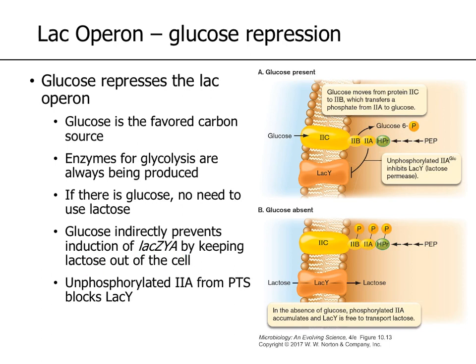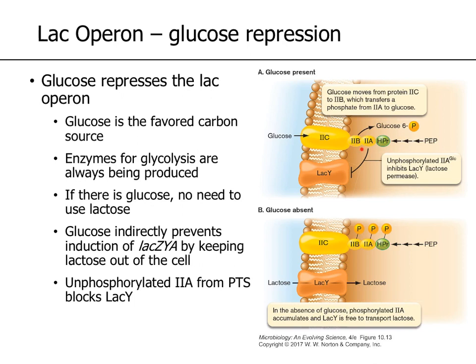So this will go back to the PTS system that we talked about before. And if you remember the PTS system, that's how glucose comes in. And it's one of those things that transfers the phosphate bonds, right? So when glucose is present, the phosphate bonds are being transferred to glucose. So these enzymes here will often not actually be phosphorylated.